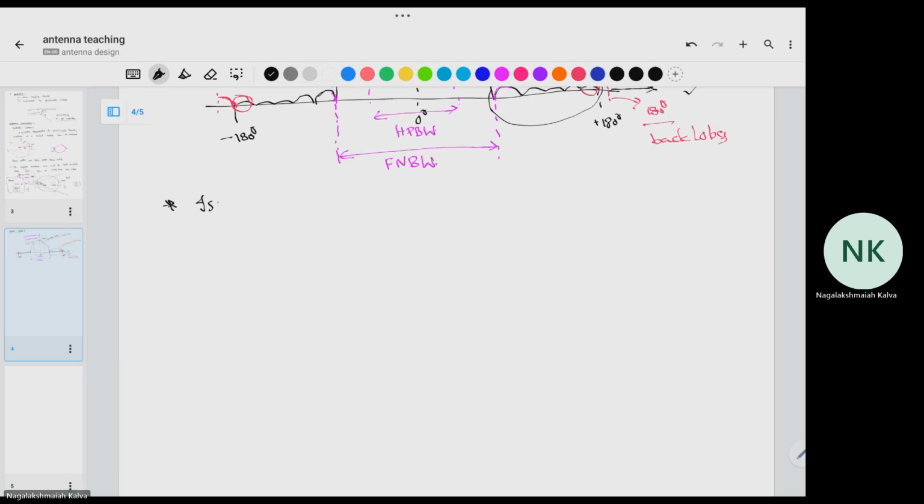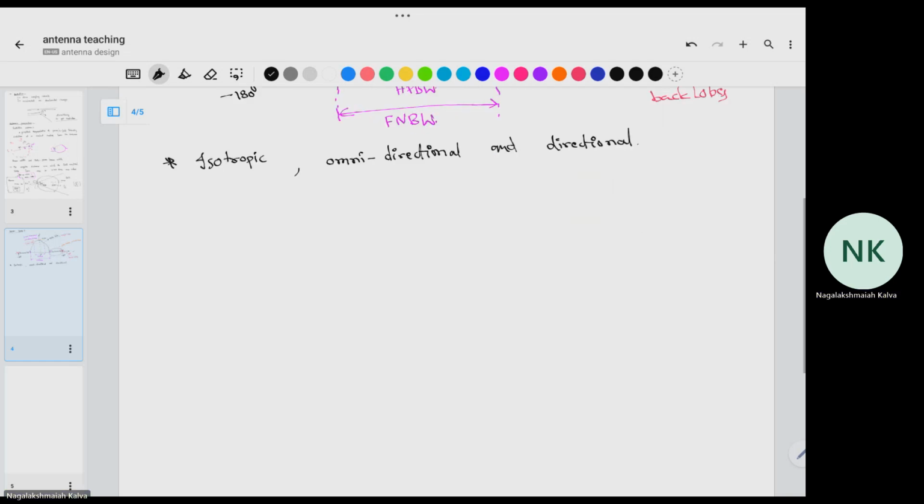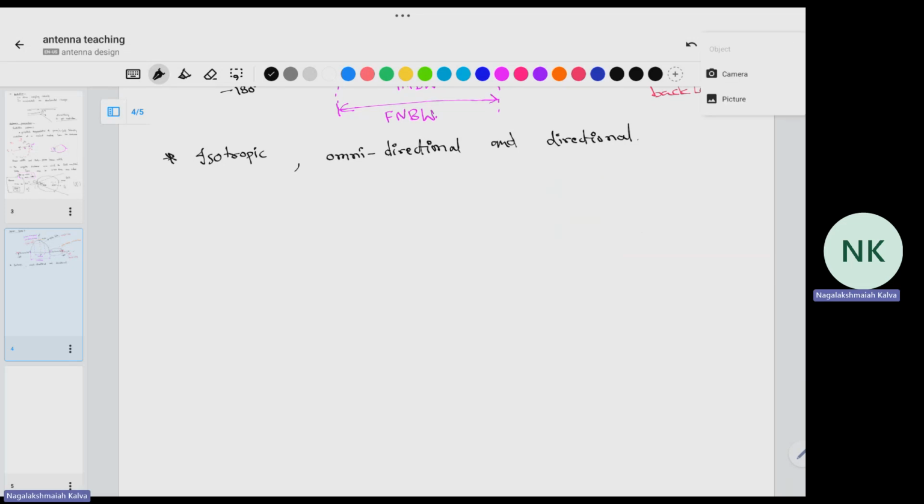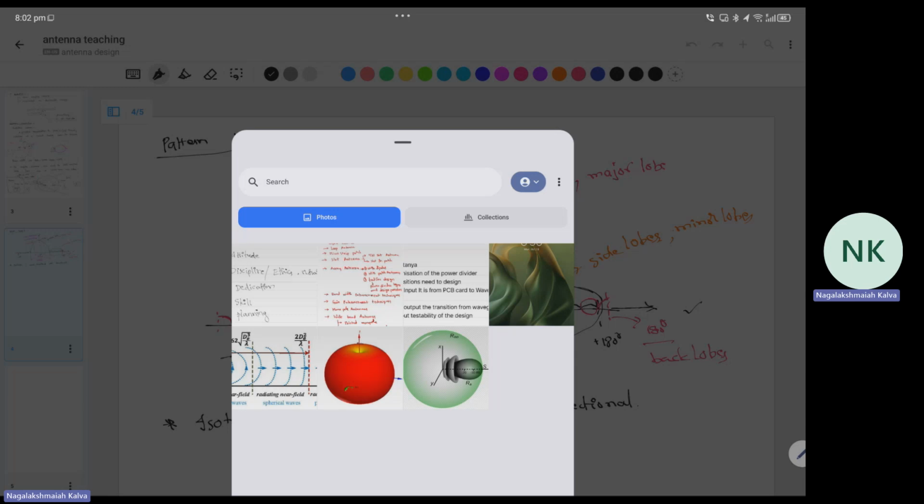One is isotropic, the other one is omnidirectional, and directional. So we'll have these three radiation patterns. So I'll just show you the image all combined together.